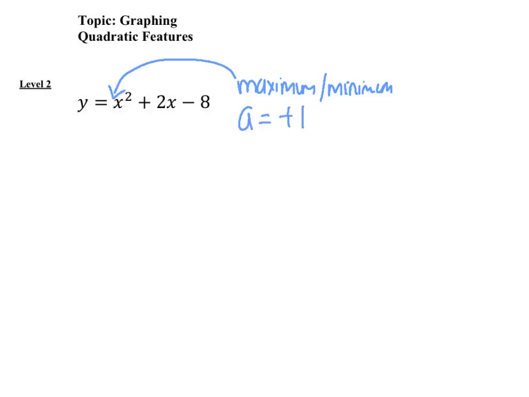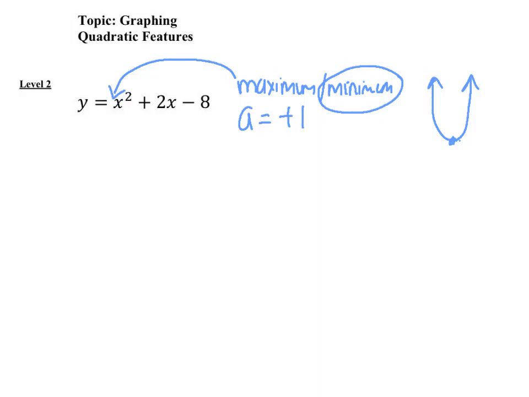Now, because the a is positive, that means my graph is going to be pointed upwards. So if it's pointed upwards, then it has a low point, which means it has a minimum. If the a was negative, then the graph would go down and it would have a maximum point.